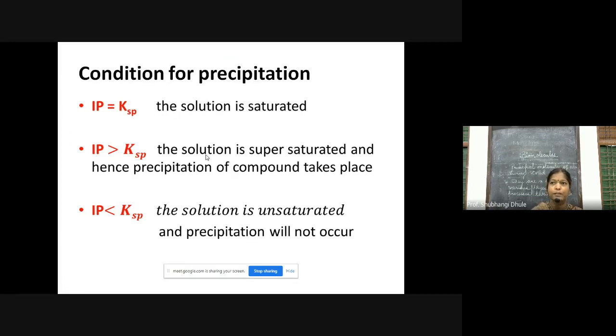If there is a concentration of Ag plus and Br minus, and there is an increase in the concentration of either Ag plus or Br minus, and it crosses the Ksp value, then the salt AgBr will precipitate out. The ionic product is the concentration of Ag plus times the concentration of Br minus. So this is the example, and this is a very important concept to understand.